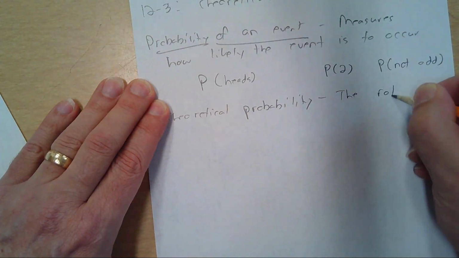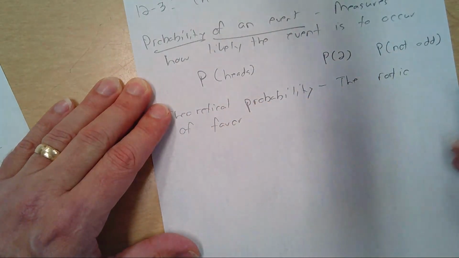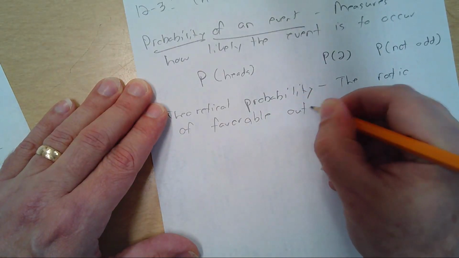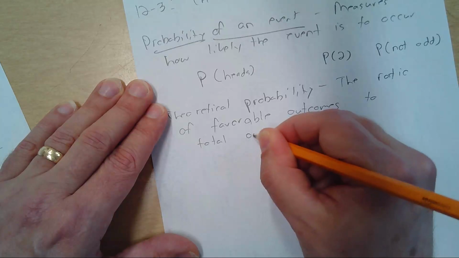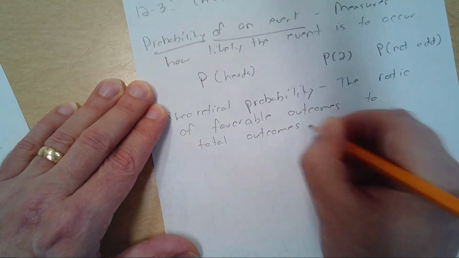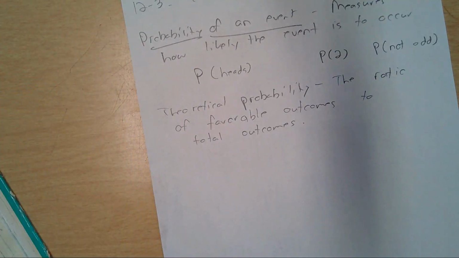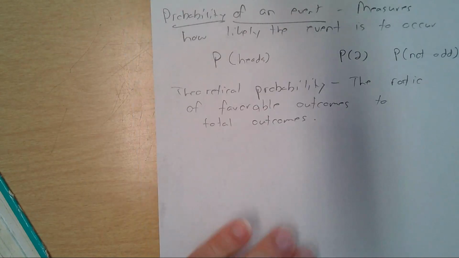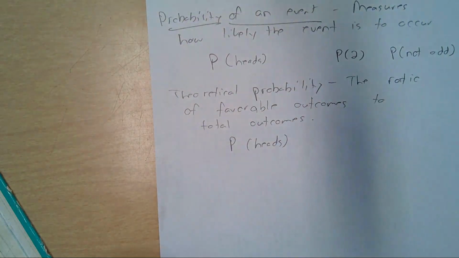The ratio of favorable outcomes to total outcomes. Okay. So going back to flipping a coin, say the probability of heads again, same thing here.